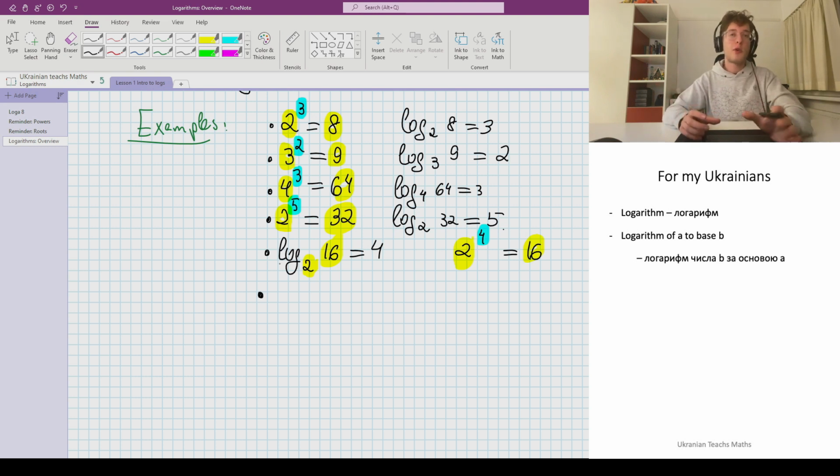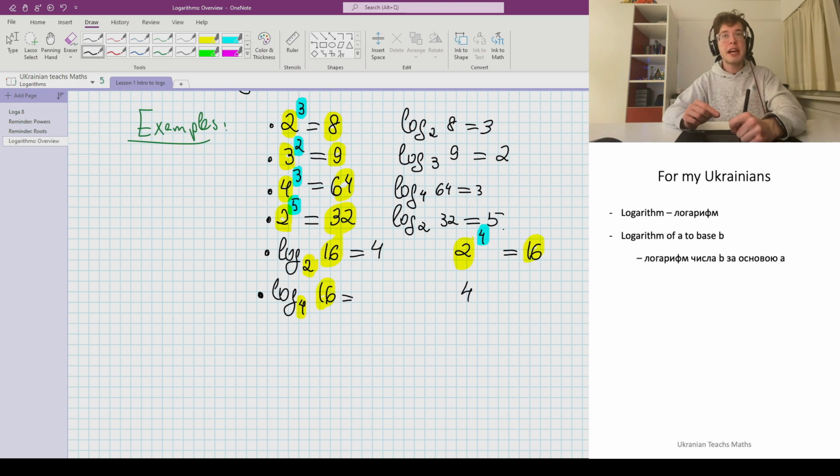And to top this off with one last example, we have log base 4 of 16. So this is almost the same thing, but now instead of a 2 here, we have the base 4 here.